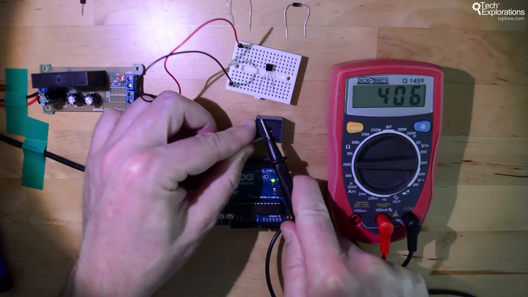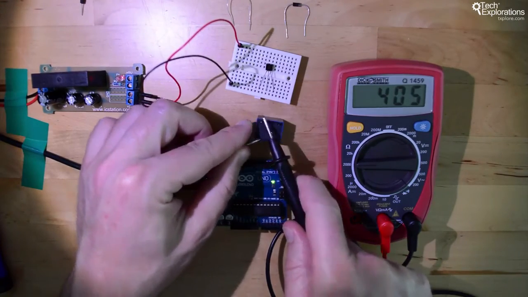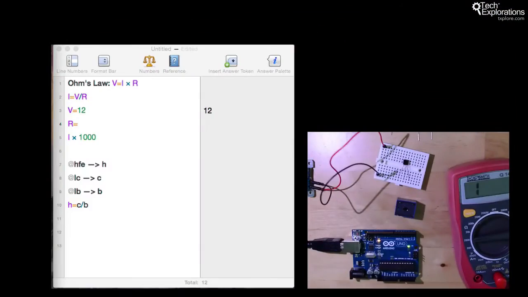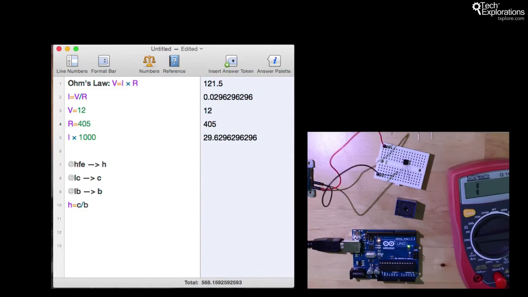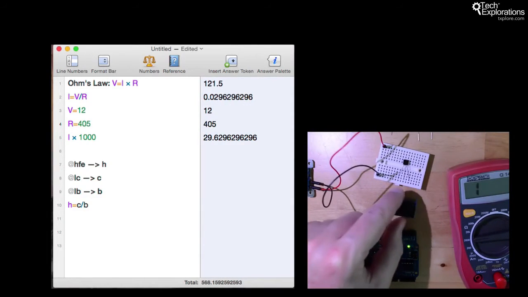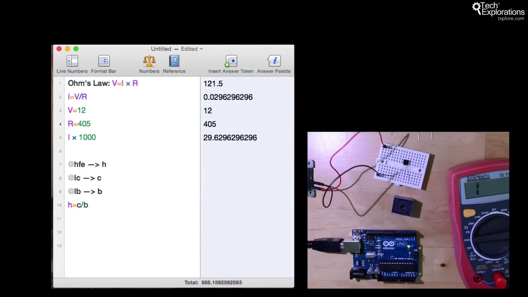There's 406. Okay, 405, say. I'm going to go to my calculator, and for resistance, I'll plug in the value 405. Now, I know that I'll be giving this relay 12 volts from my power supply, since it's a 12-volt relay.